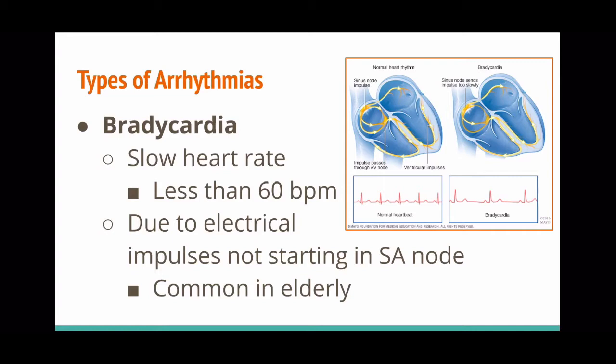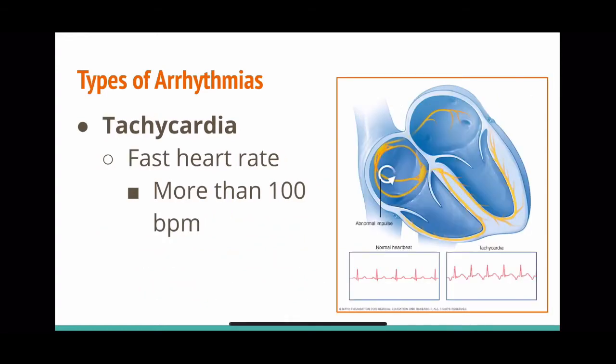That can also be a cause for bradycardia. So that word will come up later for different types of disorders, but we need to know what that means. And the opposite of bradycardia is tachycardia, which obviously the opposite meaning it's a fast heart rate, but if we break down that word, the prefix tachy means rapid. So tachycardia is very fast heart rate, usually classified as more than 100 beats per minute.